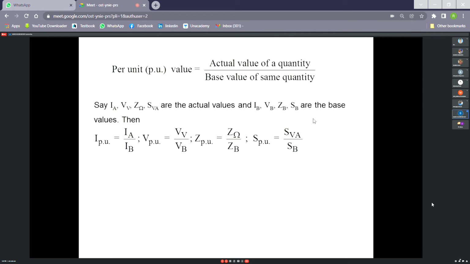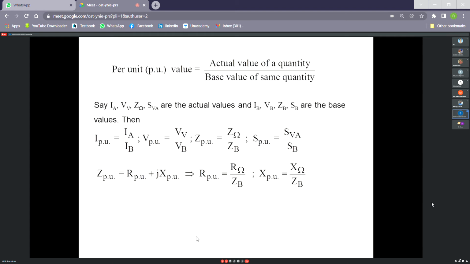That may be the rated values or a reference value. Say for MVA, generally there is no rated value. The reference we set for the MVA is generally 100. For voltage, it is the rated value of the buses. So the per unit value of current is the actual value of current by the base value of current. Similarly for voltage, impedance, power, all of these.